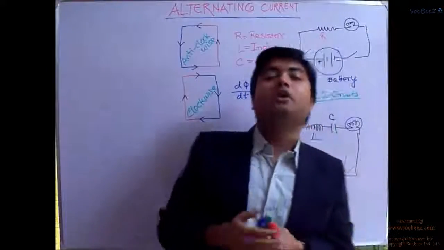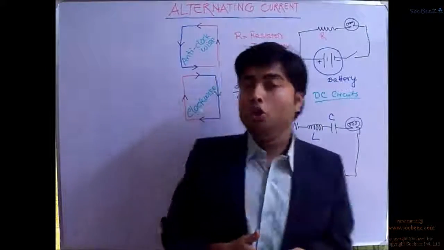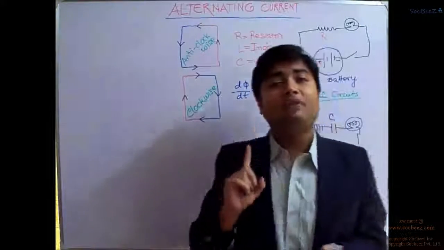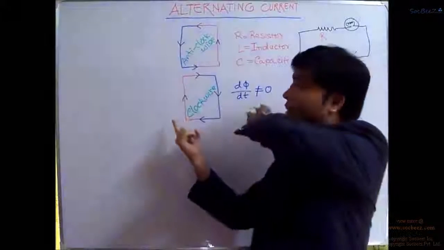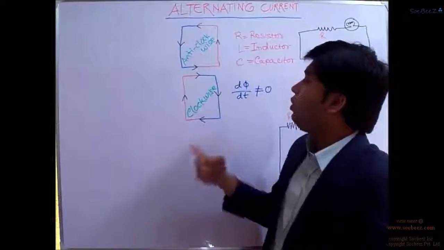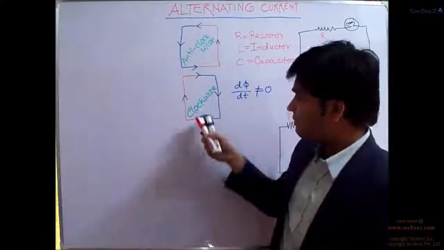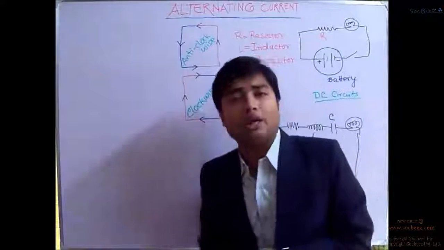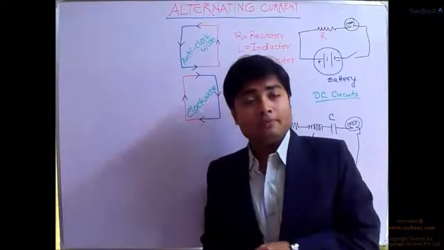So first of all, we need to change this magnetic flux, and if we rotate this frame upside down, we are going to see that first of all a clockwise current is being produced and then an anti-clockwise current is produced, right?